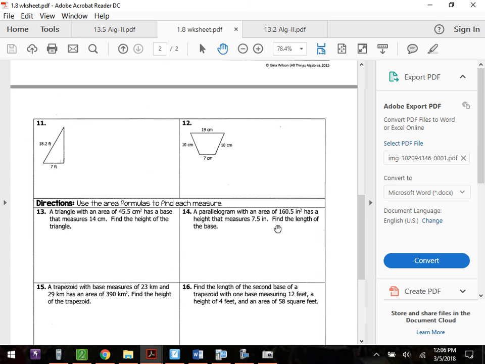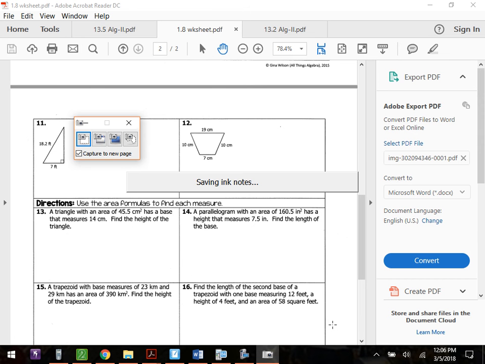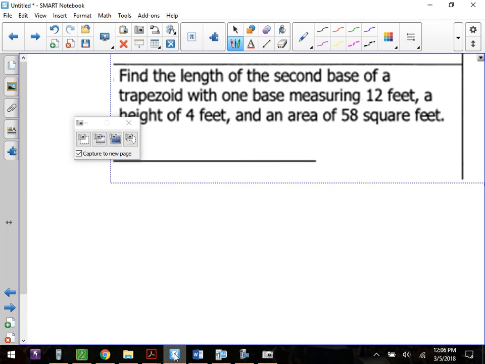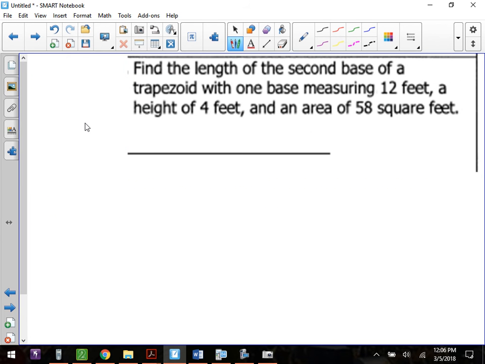Can you use an area formula to solve for a missing piece? For example, find the length of the second base of a trapezoid. If one base measures 12, the height is 4, and the area is 58 square feet.